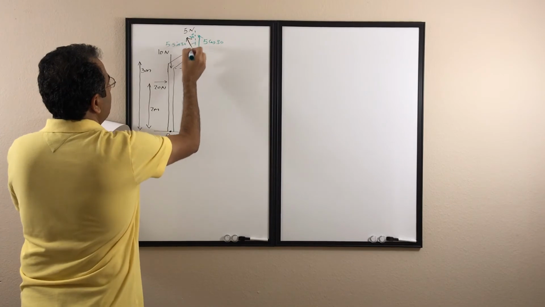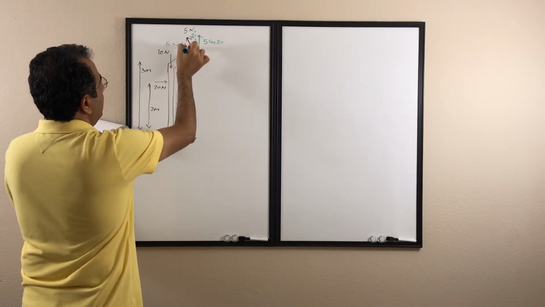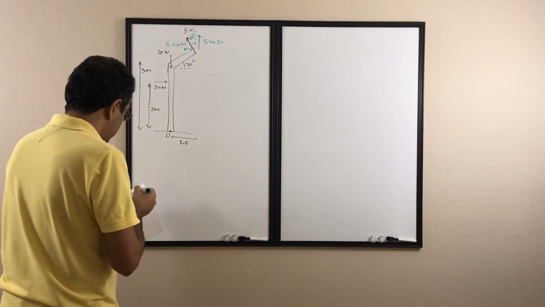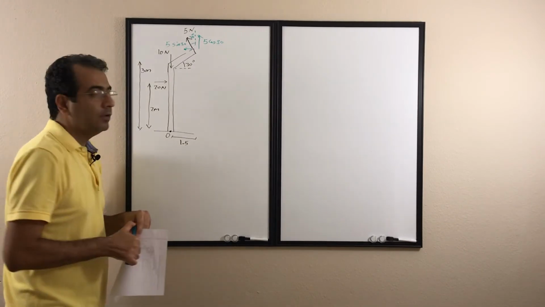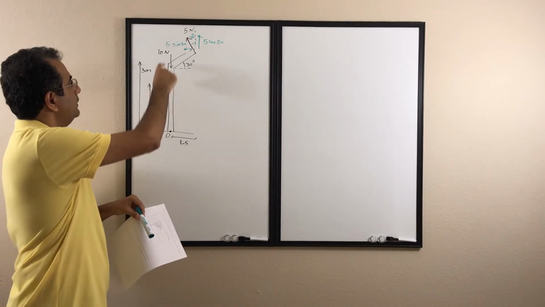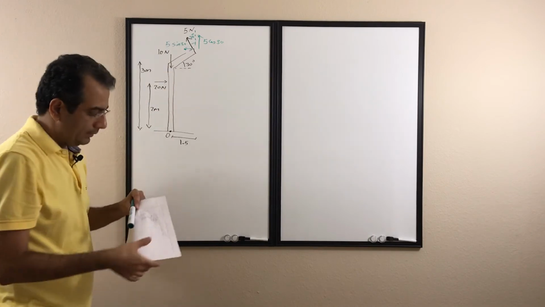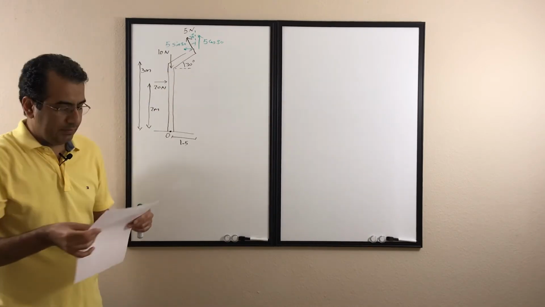So I have the x component and y component of that 5 Newton force. So the very first step: find all the forces in the x and y direction. The 20 Newton is in the x direction, the 10 Newton is in the y direction, and the 5 Newton we find in the x and y direction.